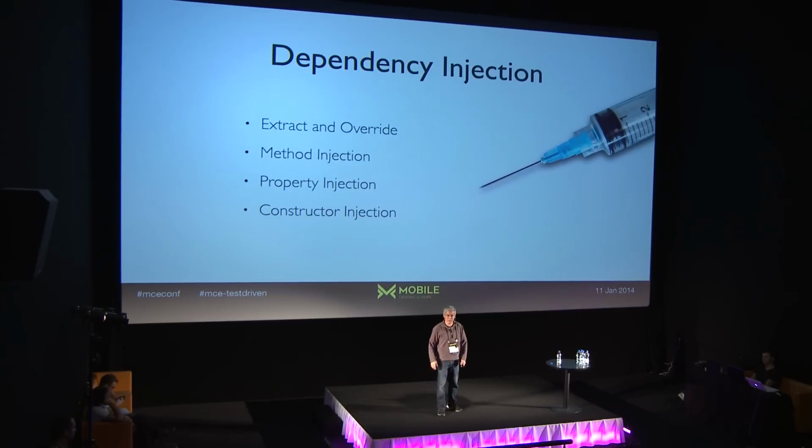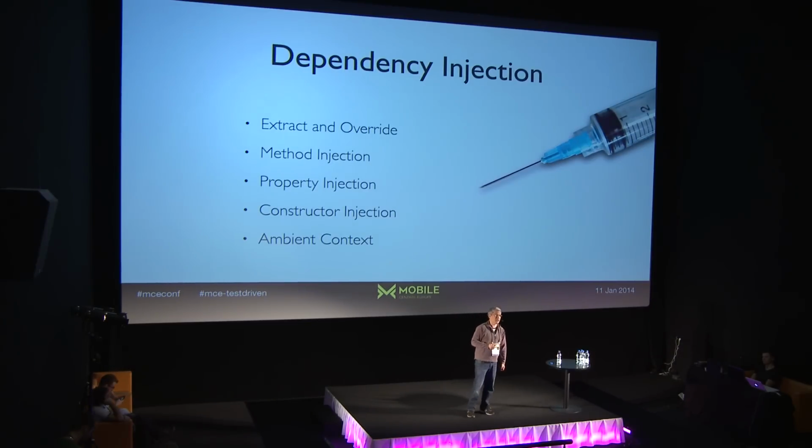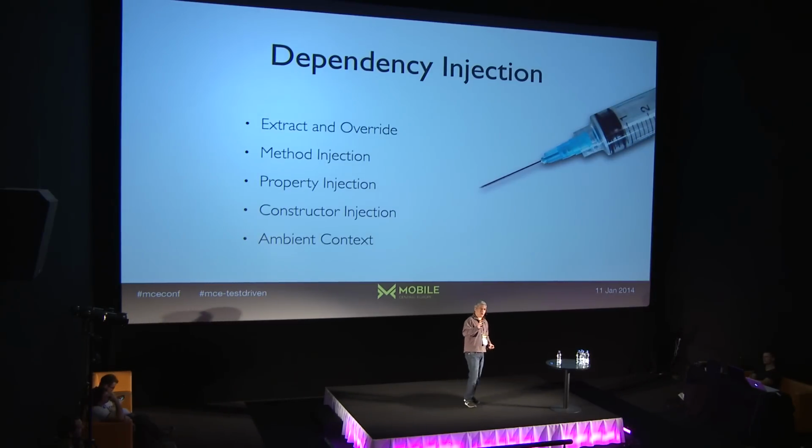There's one more that I didn't talk about or show you an example of, called ambient context, and that's if you're dealing with a singleton that you own and control. If you manage your own singleton for whatever reason, which may not be a good idea, or might be, but that's a different talk. If you have your own singleton, then before your test, you can say, hey, singleton, I want you to replace your guts.